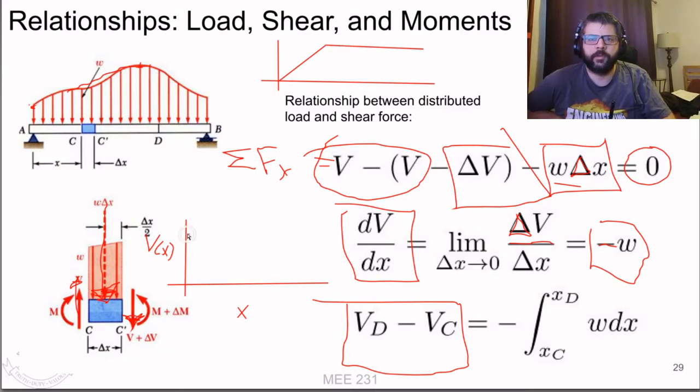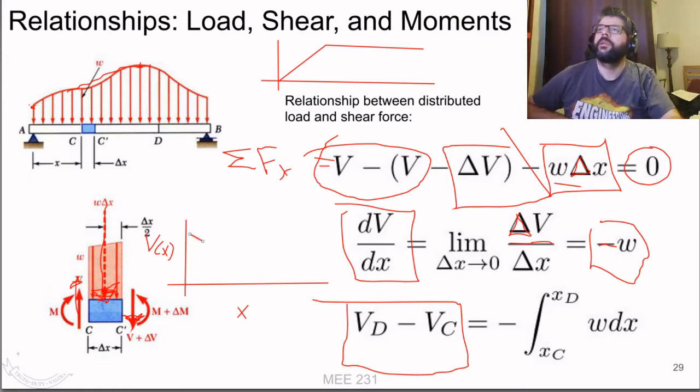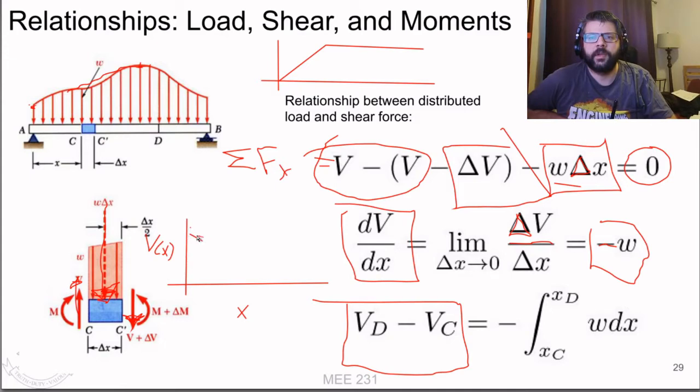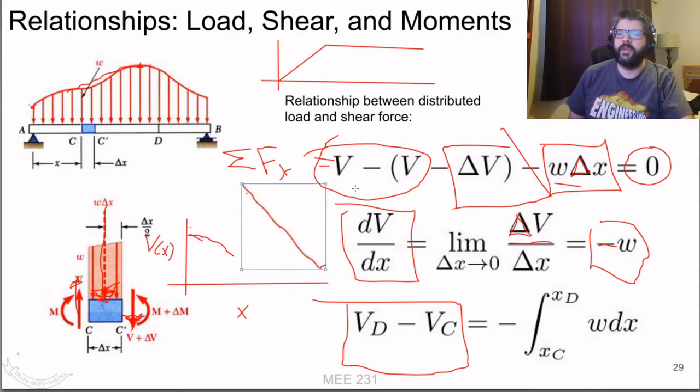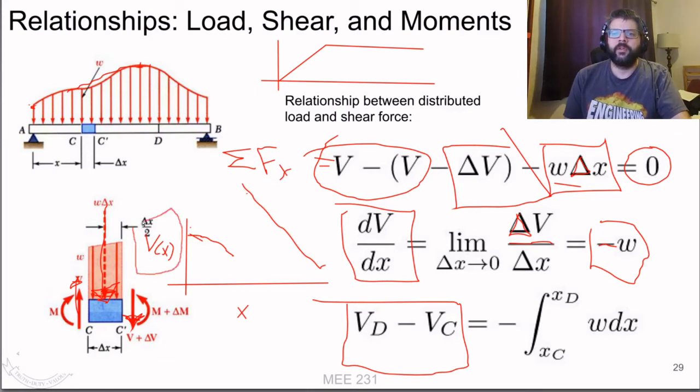So it'll start off at some point. It'll initially be 0. Oh wait, that's the wrong tool there. It'll initially be 0, and then it'll start to decrease until you hit this point here, and then it'll continue to decrease in a linear fashion as long as that distributed load is constant.